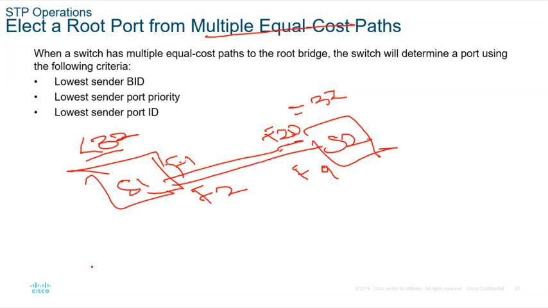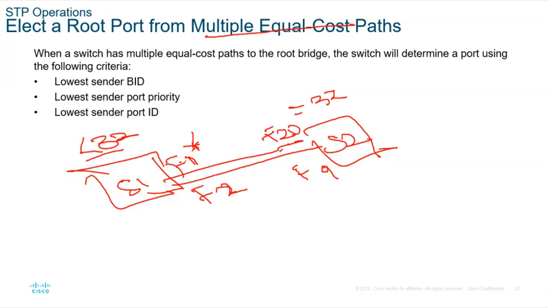Here, the lowest sender port priority. You can see here, we have 1, and then we have 2. Which one is the lowest sender port priority? The lowest is 1, isn't it?